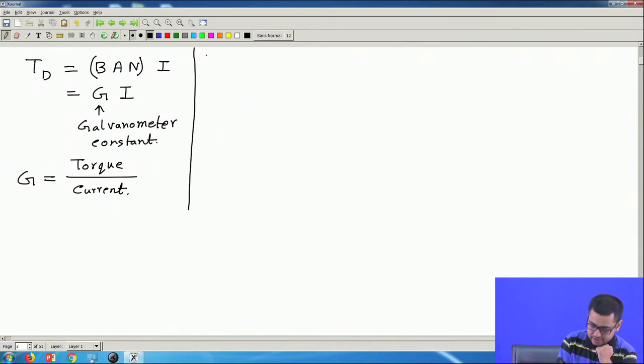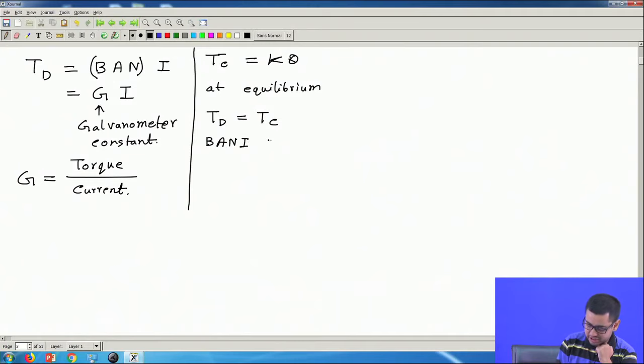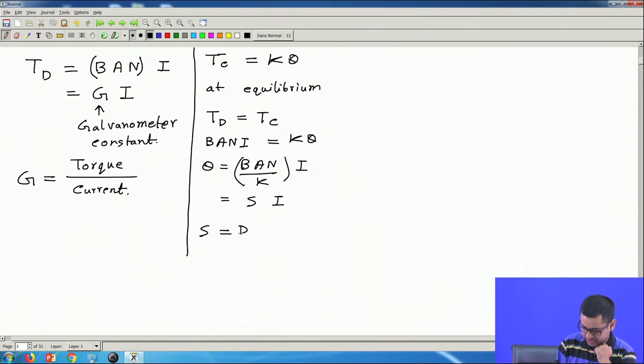Then we have seen that the controlling torque, which is nothing but the spring torque Tc, is given as k theta. K is the spring constant, and at equilibrium we have Td equals Tc, which implies that BANI is equal to k theta, or we can write that theta is equal to BAN by k multiplied by I. This is equal to some constant S times I, and this constant S can be called the displacement constant.